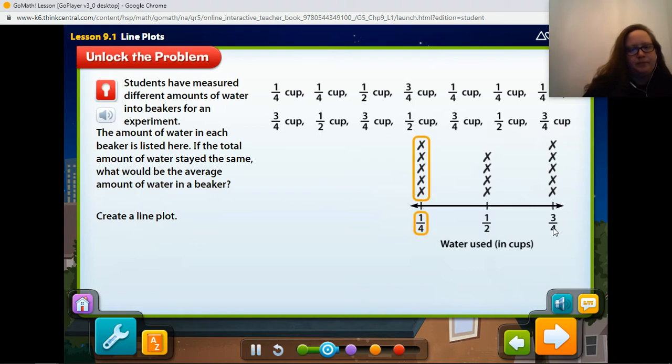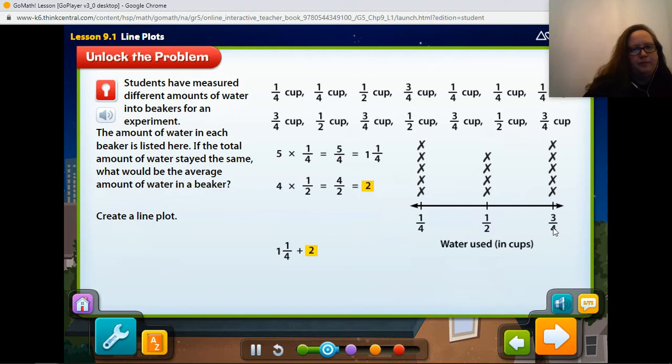Find the total amount of water in all of the beakers that contain 1/4 of a cup of water. There are 5 beakers with 1/4 of a cup of water, so there are 5/4 or 1 1/4 cups. Next, find the total amount of water in all of the beakers that contain 1/2 of a cup of water.